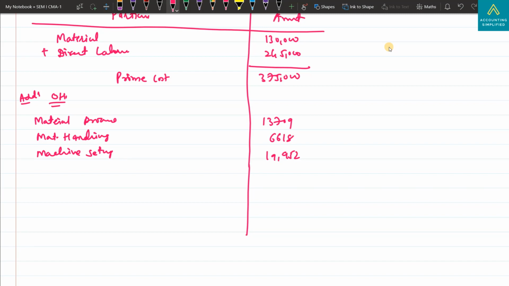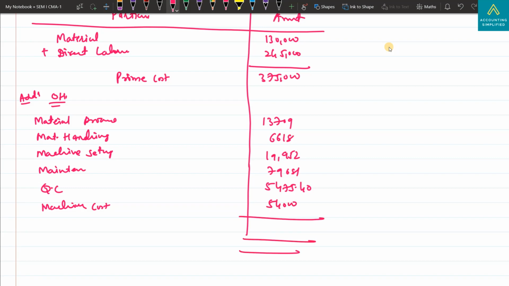Then maintenance, whatever the step 2 into 2,600, so 79,681. Quality control is 5,475.40. Last is machinery cost, 54,000.